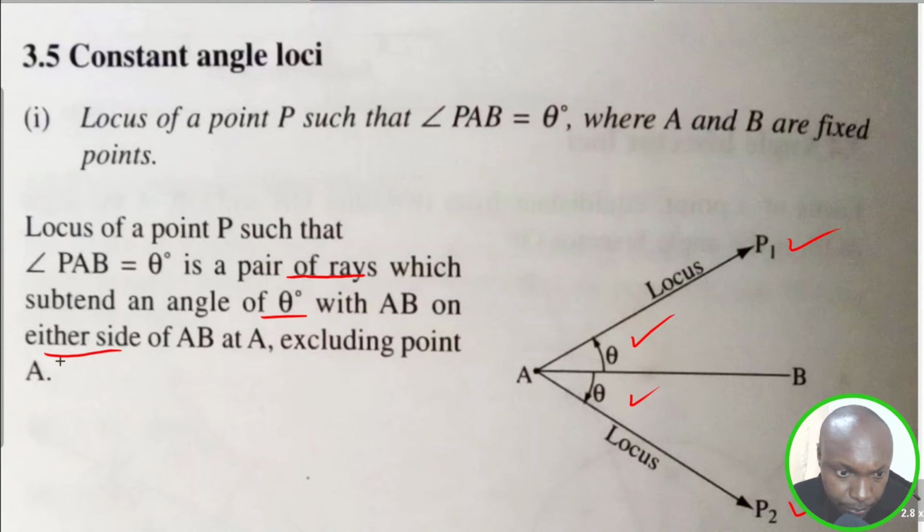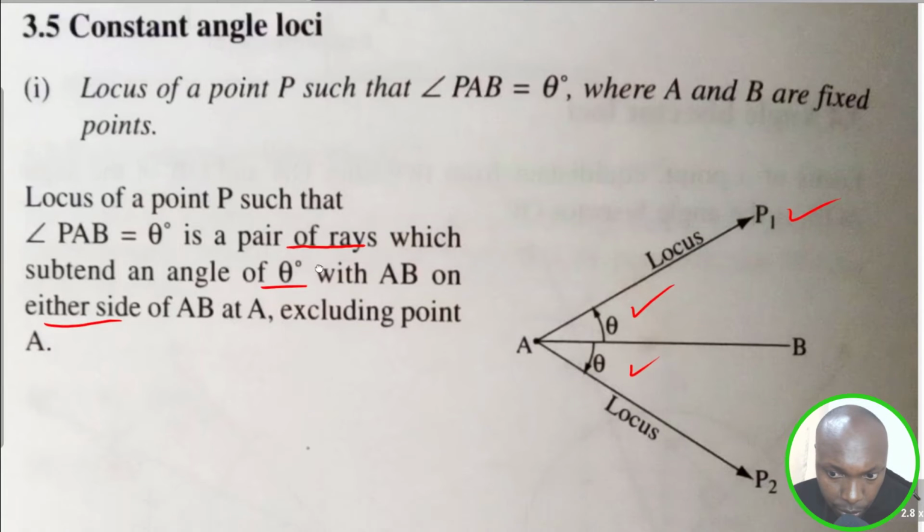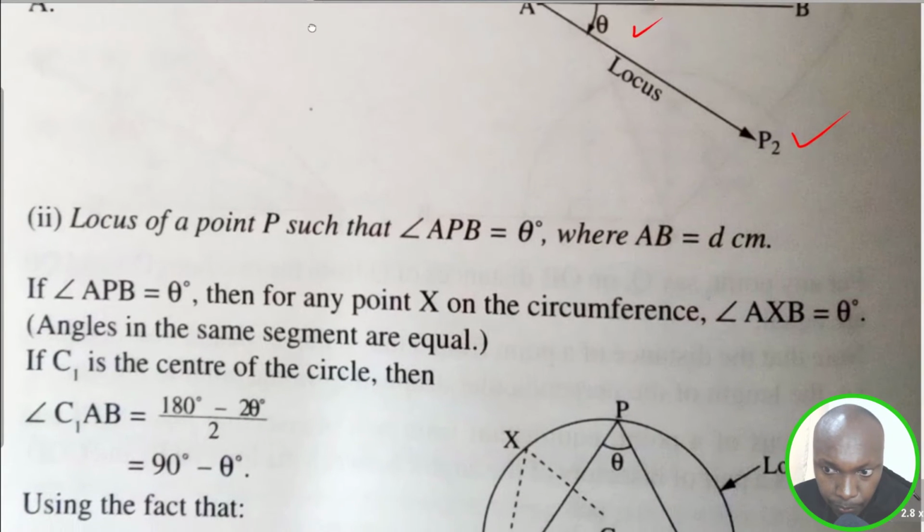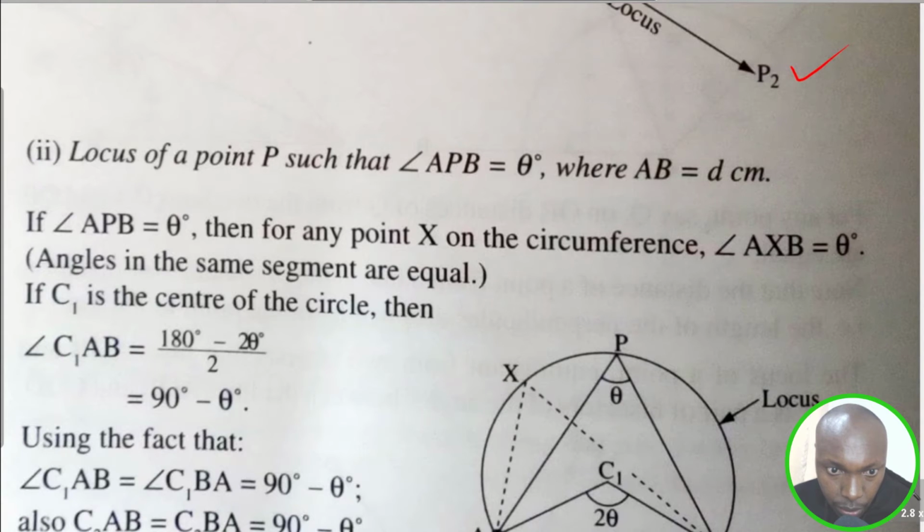Now the second one, which is very important, is this one. The locus of a point P is such that angle APB is equal to theta degrees, where AB is equal to d centimeters. So the locus of a point P such that angle APB is equal to theta degrees, where AB is equal to d centimeters.